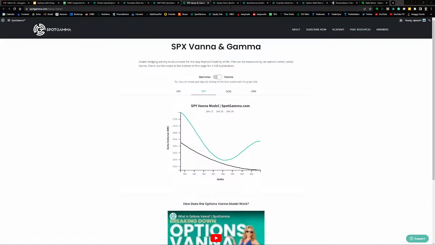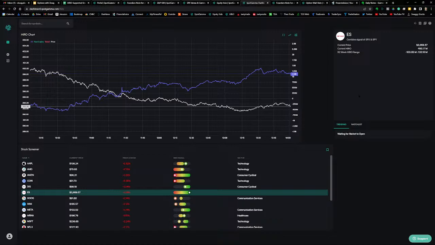So the first thing I want to look at is Spotgamma Hero, and this is ES, and this is showing options trades and market maker hedging impact for SPX and SPY trades combined into one signal.